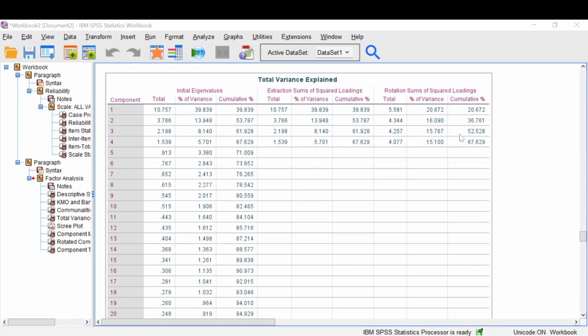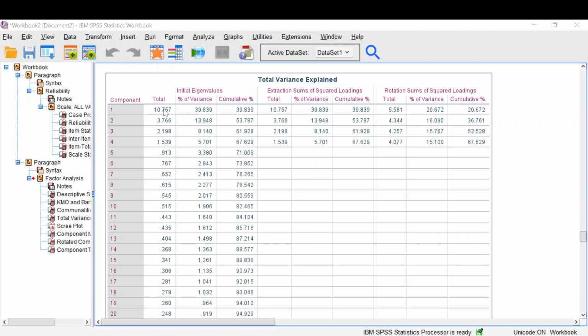But this contradicts that a little bit, doesn't it? Because we have 4 factors or components that are above a 1 eigenvalue. So because that eigenvalue is above 1 for 4 of them, SPSS is actually saying, hold on, there's not 3 factors, there's actually 4, right? And then from 5 down, even though it's close to 1, it's under 1, and so it's not counted there.